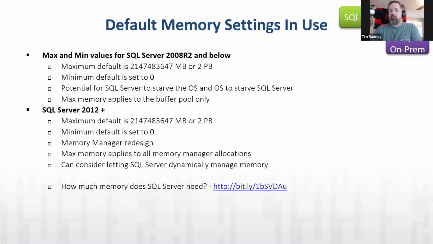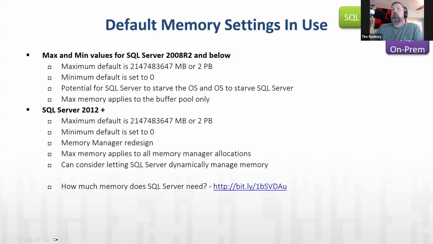Everything's just bloated and consuming more, to where we're having to back off the max memory value, or if you can, just add more RAM to the system. So instead of 4-core 64 gig of RAM, it's 4-core 96 or 128. Those are changing, but I'm not seeing some of those shape sizes accommodating, so you're having to spend a lot more money to get constrained cores or things like that.